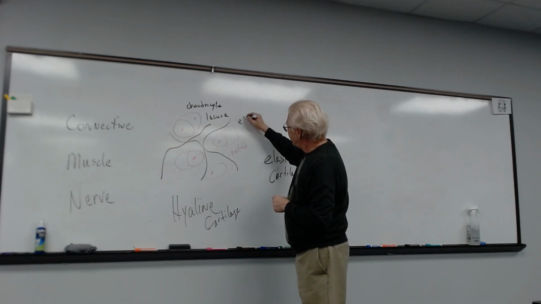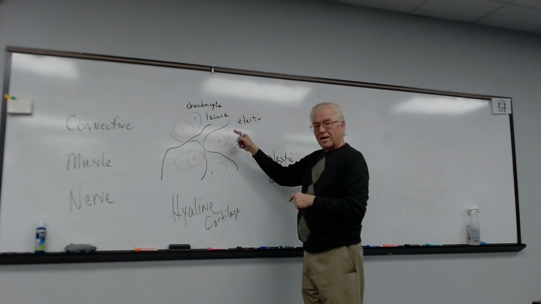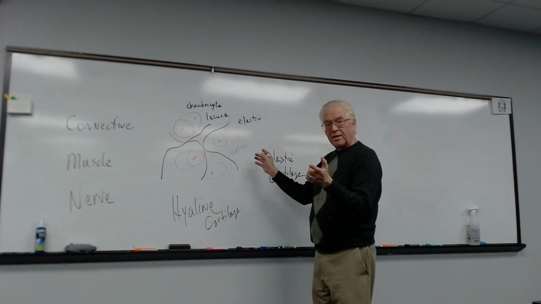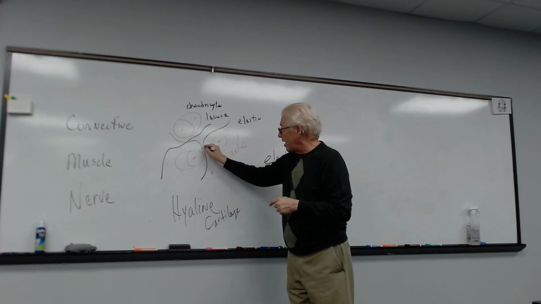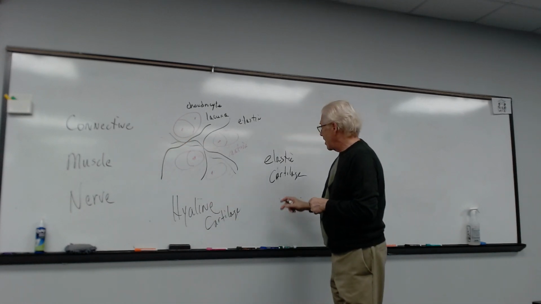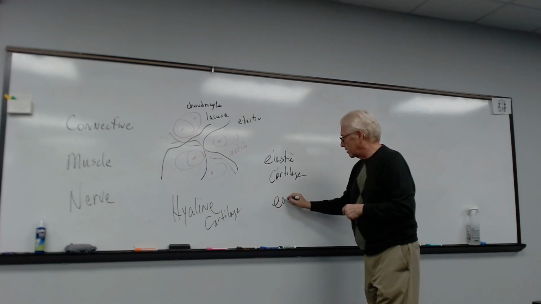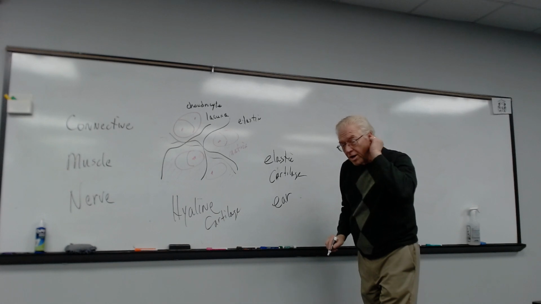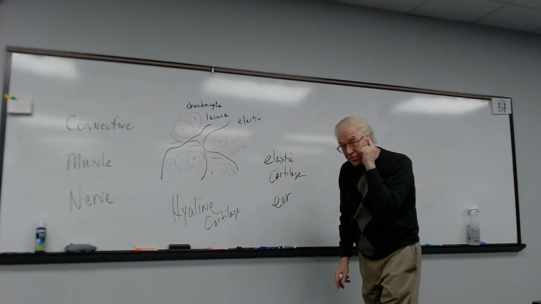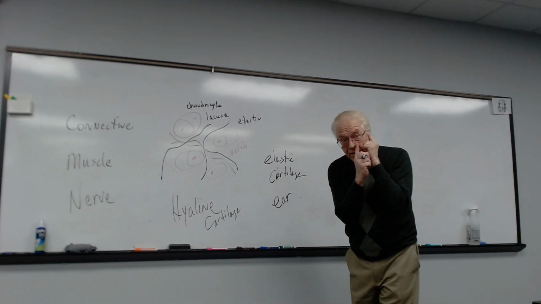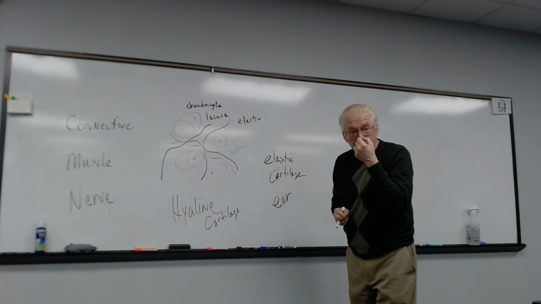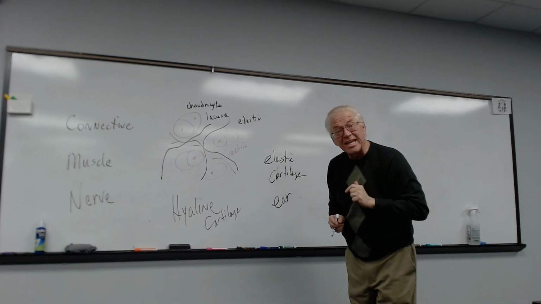Some elastin fibers. So everything looks the same except you got these black lines running through it. That's your elastic cartilage. And where is that? Your ear. Because you can bend your ear flat to your face. Can you bend your nose flat to your face? No. I can move it some, but I can't move it as well as my ear.